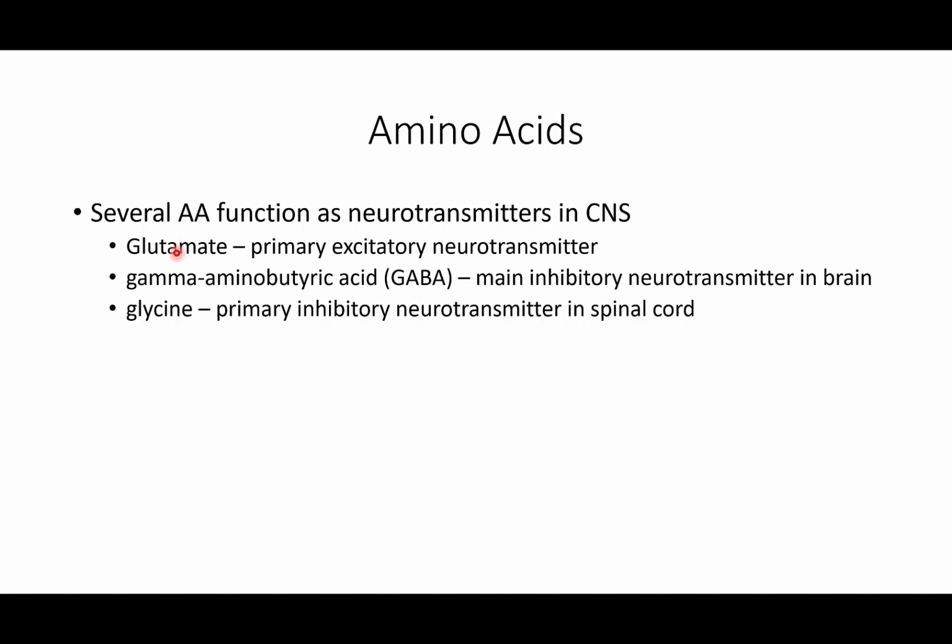So glutamate, primary excitatory neurotransmitter in the brain. GABA, the main inhibitory neurotransmitter in the brain. And then glycine, this one is also inhibitory, but we utilize it in the spinal cord, not in the brain.